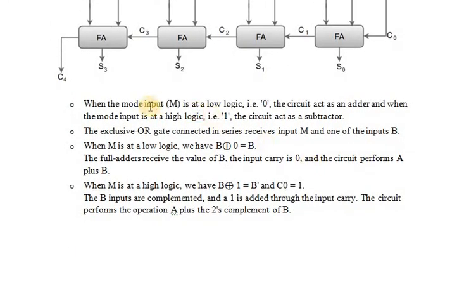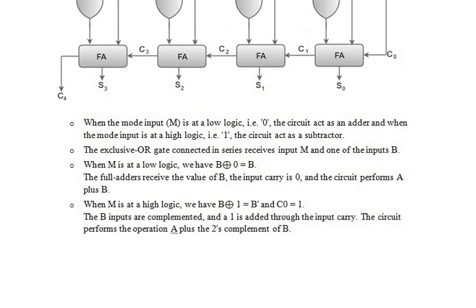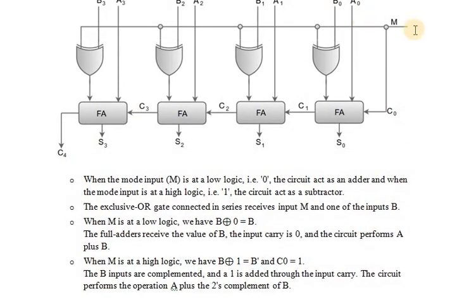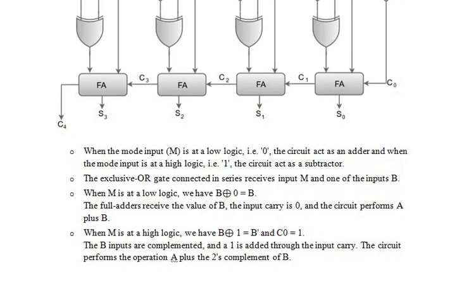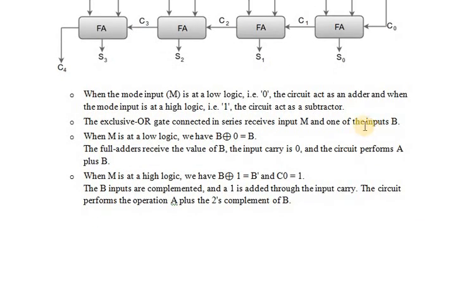When the mode input M is at low logic 0, the circuit acts as an adder, and when the mode input is at high logic 1, the circuit acts as a subtractor. That is based on this mode M. If it is 0, add; if it is 1, subtract. I have given it as C here, but that is not an issue, we can give our own names.